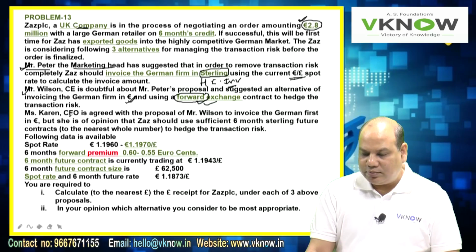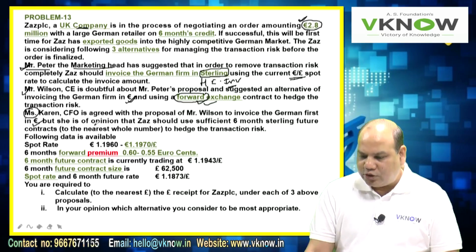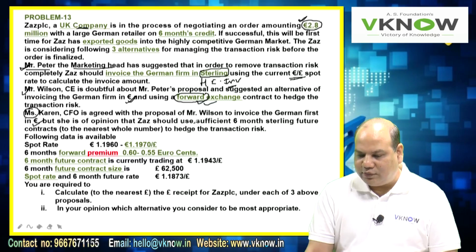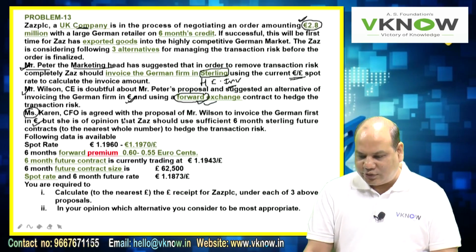Ms. Karan, CFO, agrees with the proposal of Mr. Wilson to invoice the German firm in euro, but she is of the opinion that the company should use sufficient 6 months sterling future contracts to the nearest whole number to hedge the transaction risk.